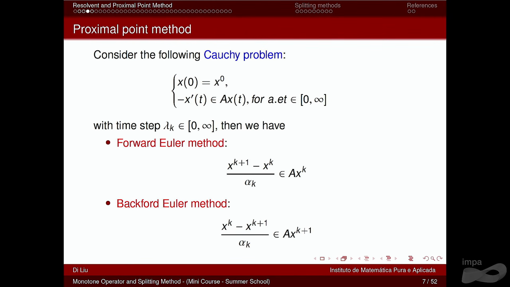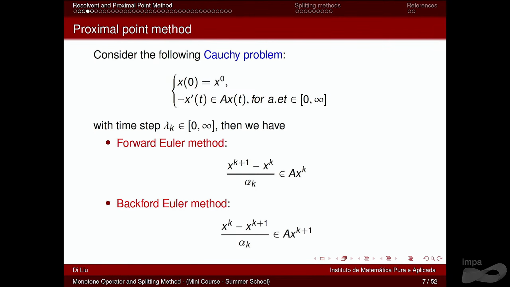Let's go back to a very classical problem in partial differential equations, the Cauchy problem. We have an initial condition, and we want x minus x prime belongs to A x, with the time step size alpha k. Sorry, there should be alpha k here, not lambda k. There is a typo here. I apologize for that. This should be alpha k, and there is alpha k here, and this should be alpha k. But anyway, the idea is to solve these Cauchy problems.